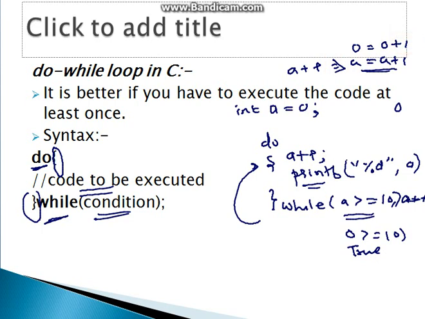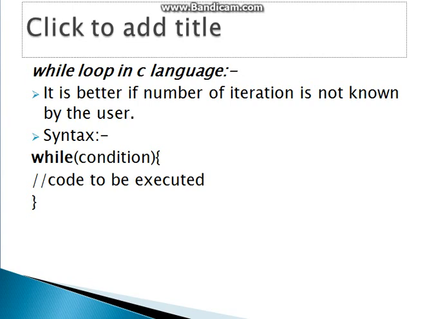Now a's value will become 1. So in this way 0, 1, 2, 3 to 10 it will be printed. So this is the do while programming syntax, where it is actually very easy to do the programming of do while.